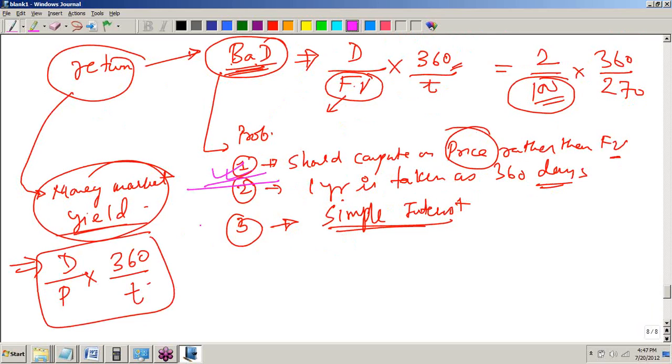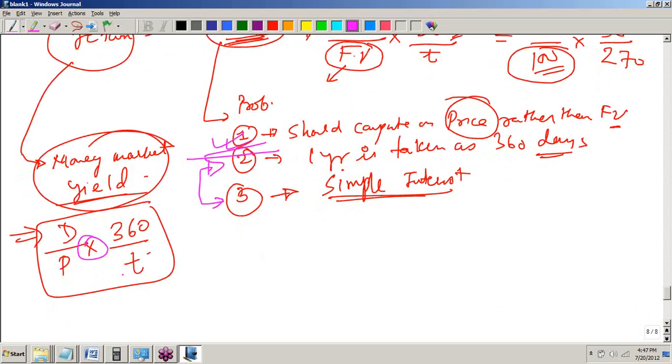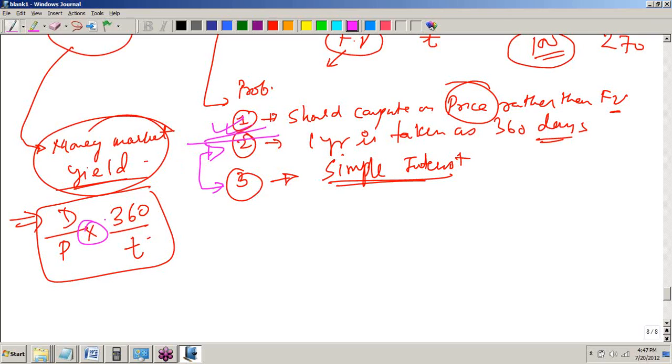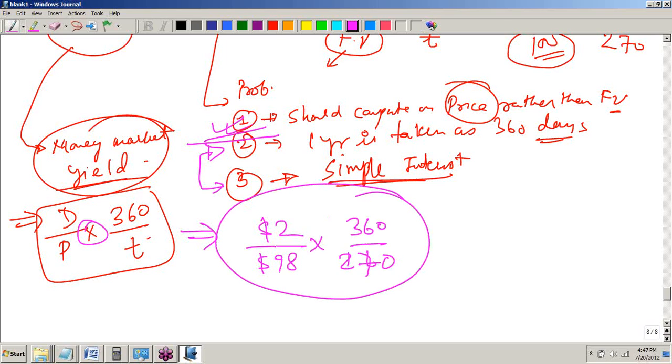The first issue it has resolved, but the second and third remain the same: the year is taken as 360 days, and it is taken as simple interest. So money market yield solves only the first problem. The computation is very straightforward: discount is $2, price is 98, into 360 by 270 days. This is your money market yield.